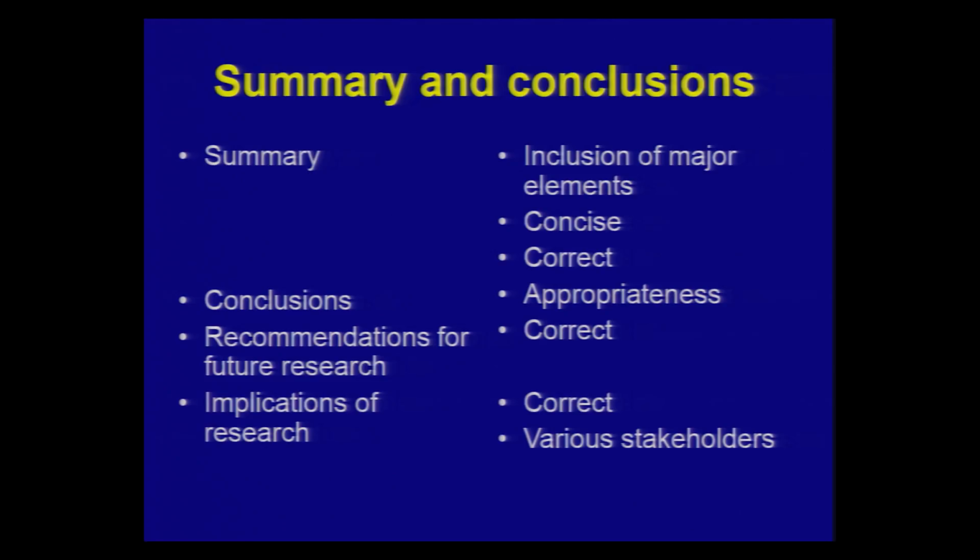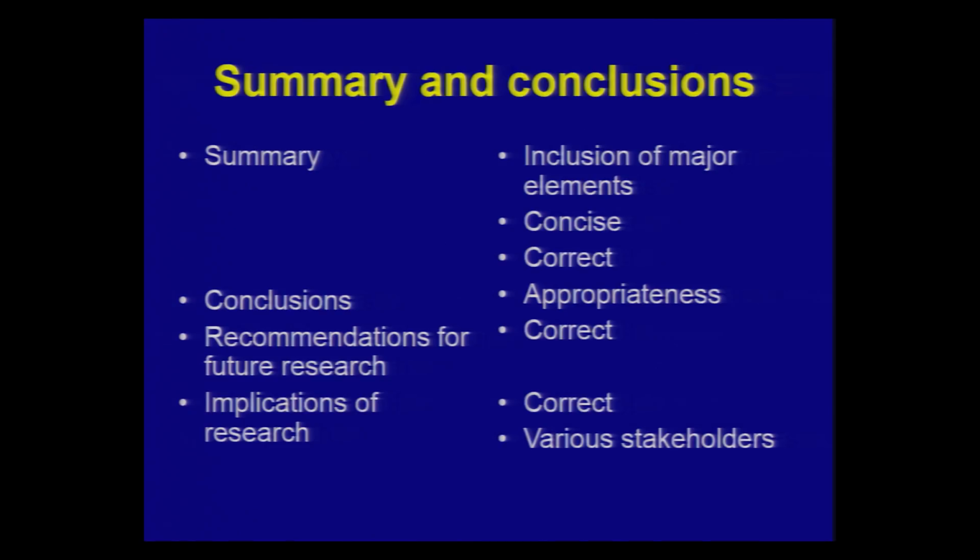When it comes to arriving at the conclusions, the evaluator must try to evaluate the conclusions with respect to their appropriateness. So, appropriate conclusions have been drawn. One should not try to have conclusions which do not form a part of the study. So, one should remain within the boundaries of the research undertaken.